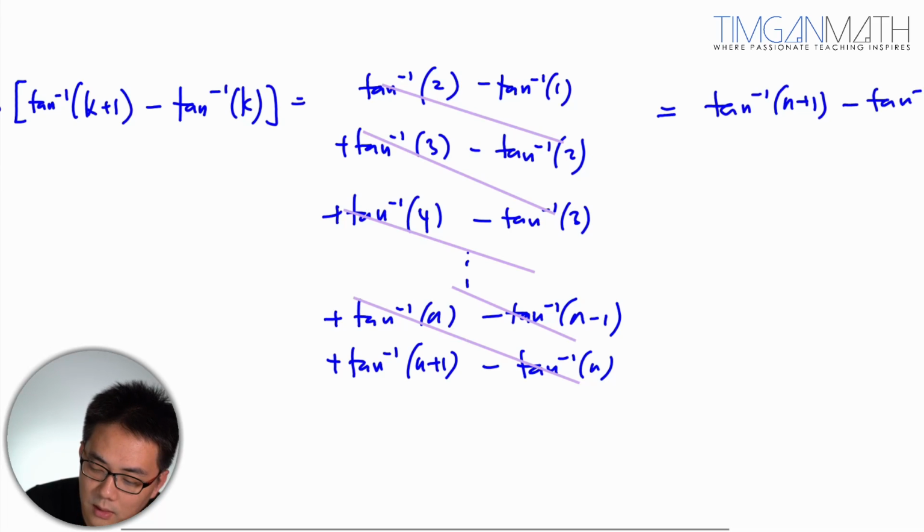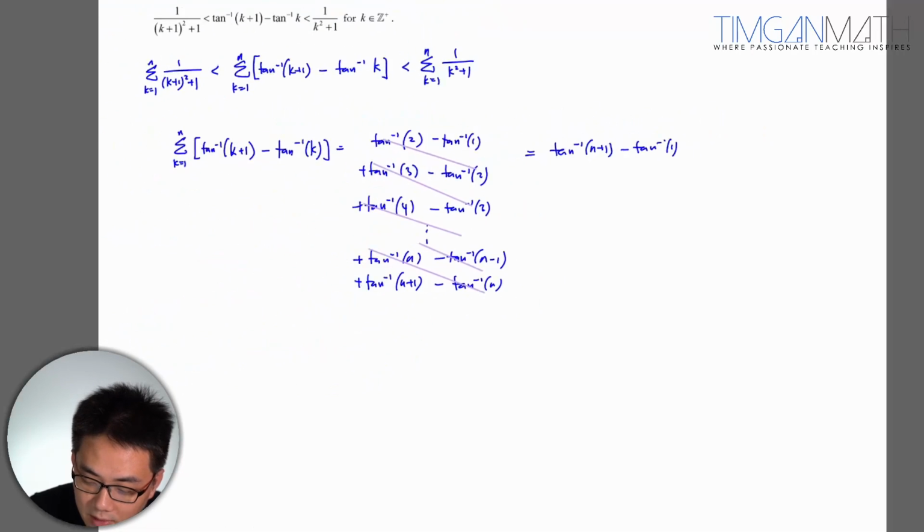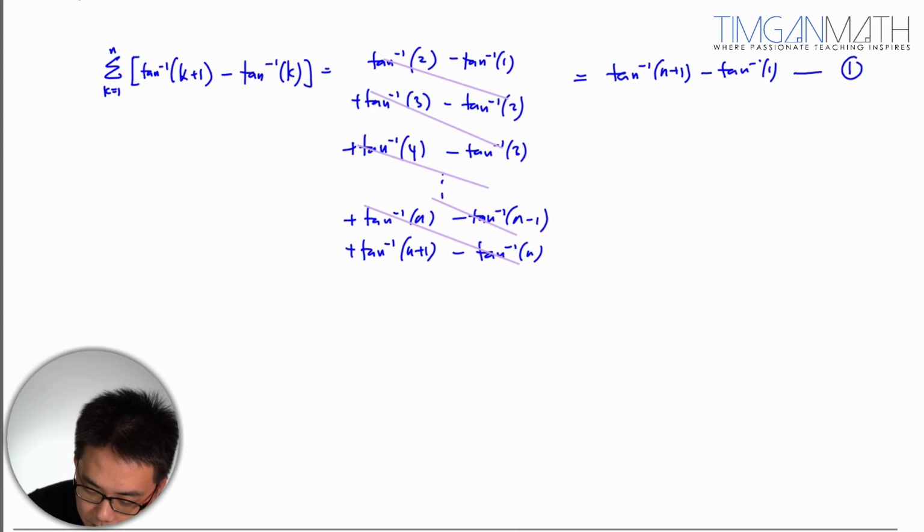Tangent inverse 1 will be pi over 4, right? But anyway, we just leave it as it is first, because we need to use the second equation here. So once this is done, we're going to take this and combine 1 and 2.